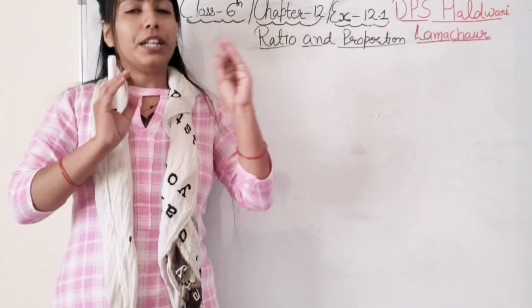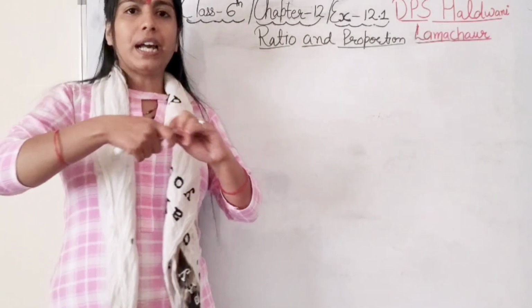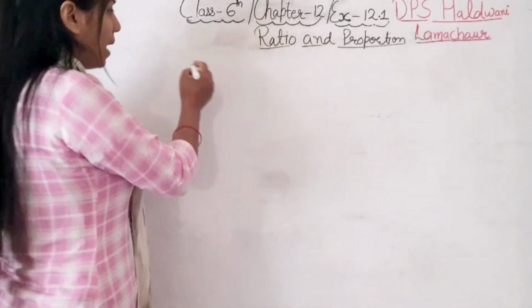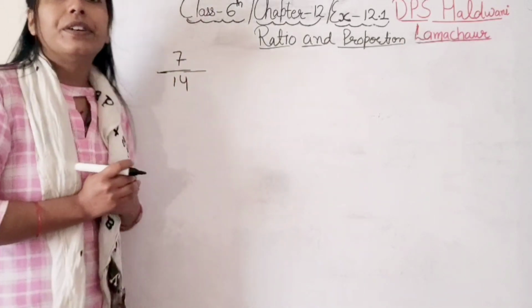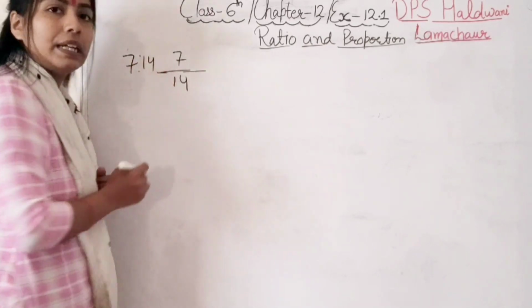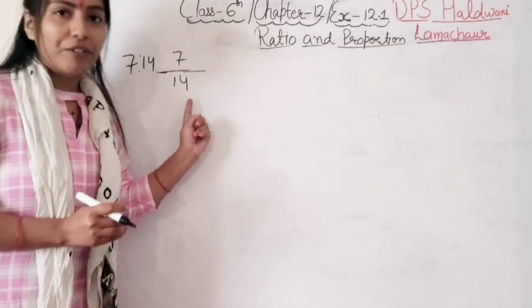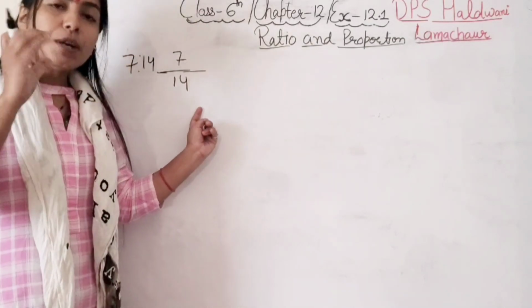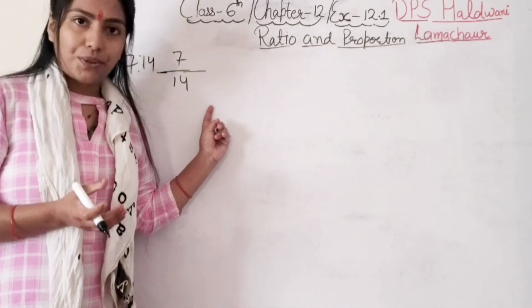Ratio is similar to a fraction: if you have 7 marks out of 14, in ratio you write it as 7 ratio 14, which means 7 divided by 14. So some properties of the ratio are just similar to the fraction.